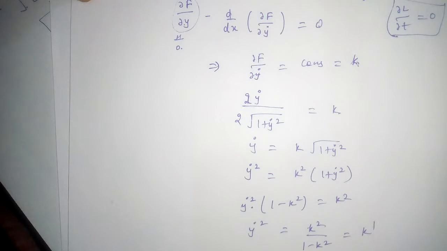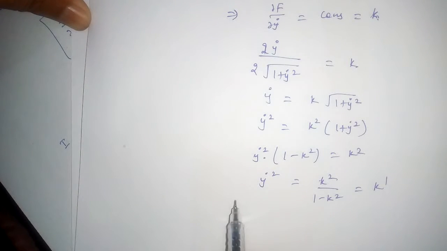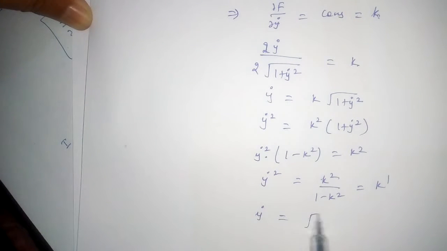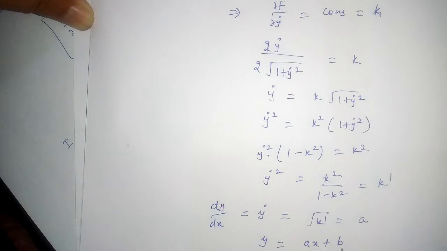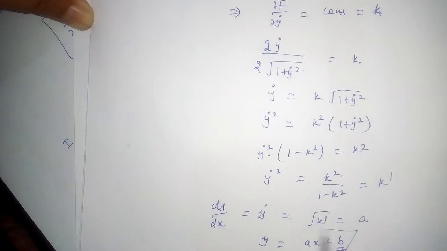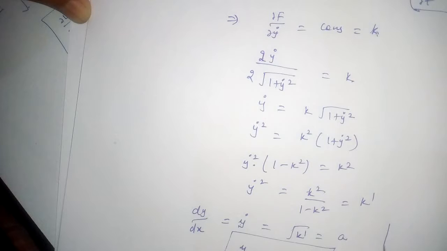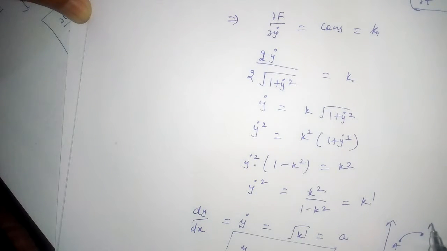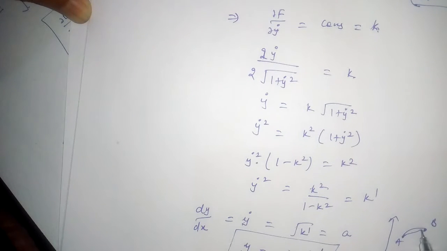Let's name this constant a, and square rooting both sides, y dot will be a, and y dot is dy by dx. Integrating with respect to x, y will be ax plus b, a new constant b. So we get that the path we considered, a to b, is minimum if this is a straight line path.